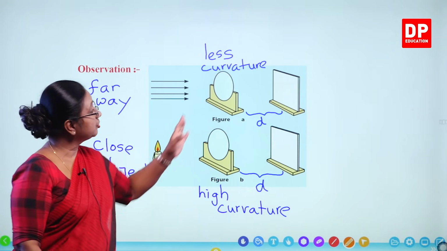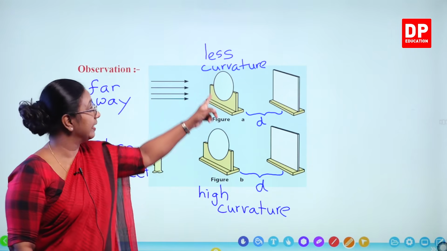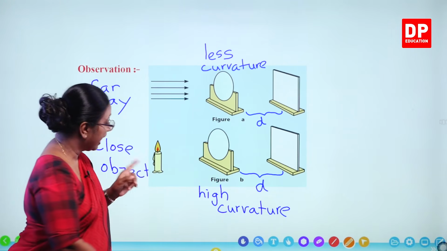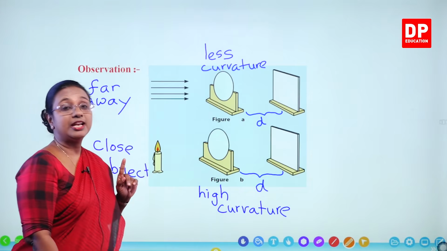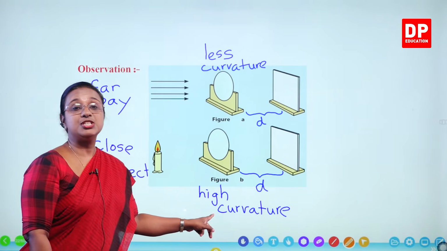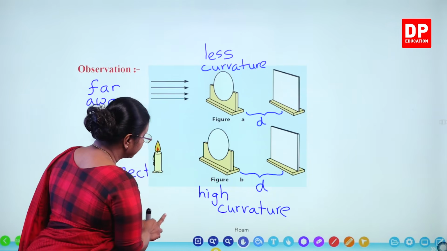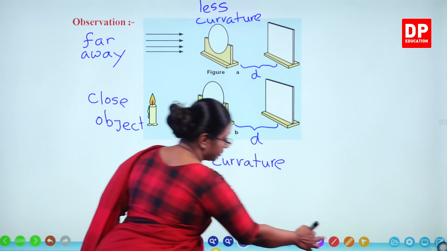So we were able to get a clear image of a faraway object using a lens with less curvature. And then we were able to get a clear image of a close object using a lens with high curvature. So that is what happens inside our eye also.